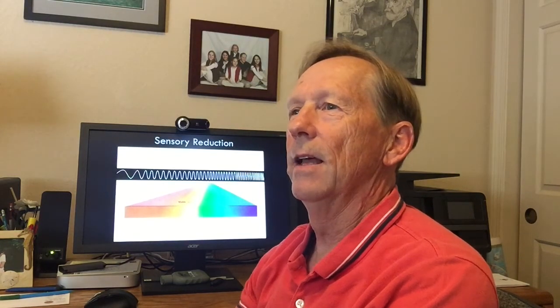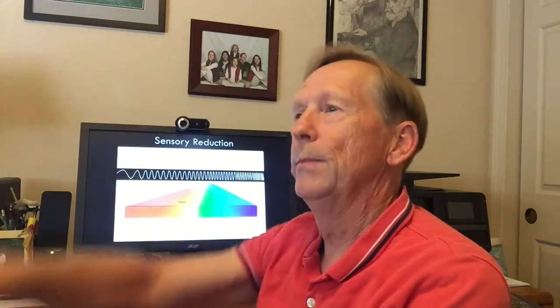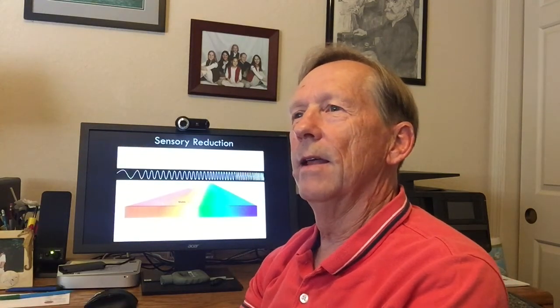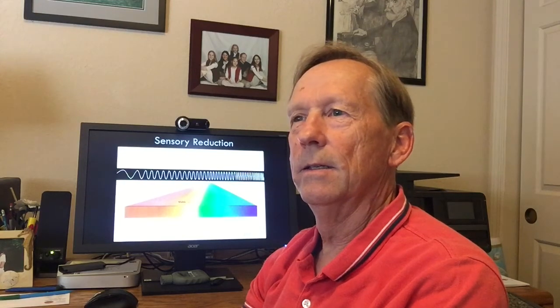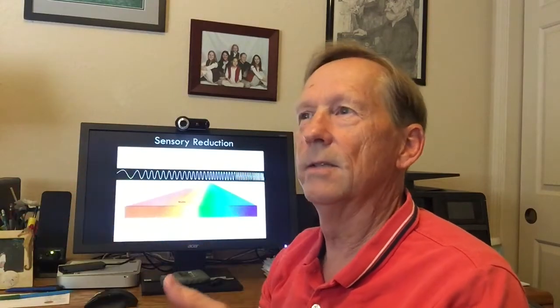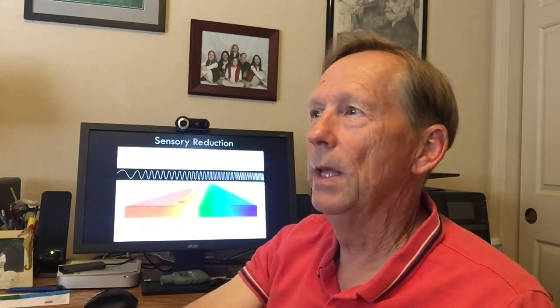And the only way you can really see it and read the letters is if you slow down the video, and then you're able to see it long enough so that your sense organ can pay attention to it and send it on to the brain.